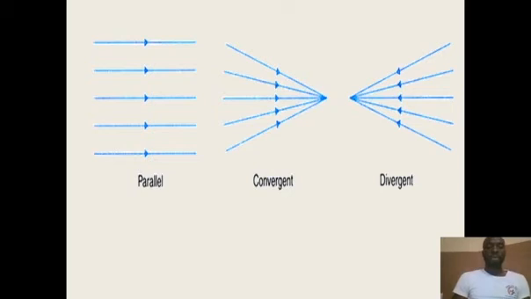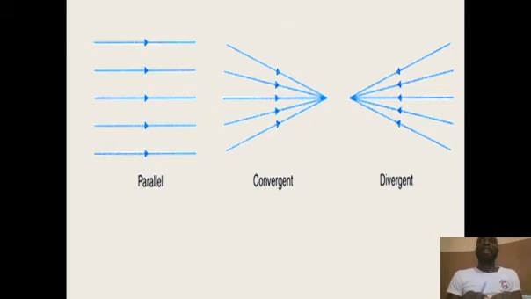Good. Now the second one is the convergent, from the word converge. The light rays coming from different sources toward one point, we call a convergent beam of light.